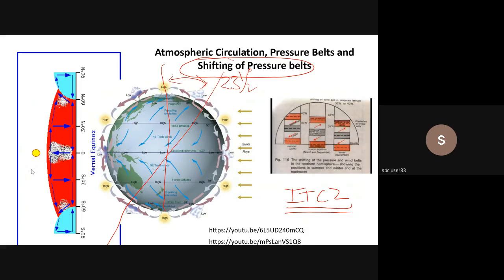It follows the pressure belts and is a seasonal occurrence. Pressure belts are all built around the central pressure belt, the equatorial low pressure. When it shifts, it makes everyone move. That is why this is called the engine of the atmospheric circulation.